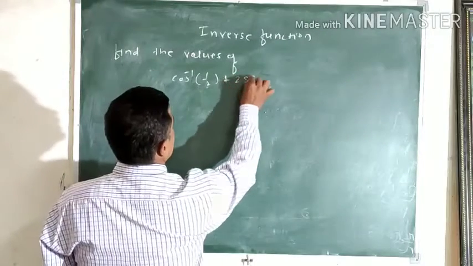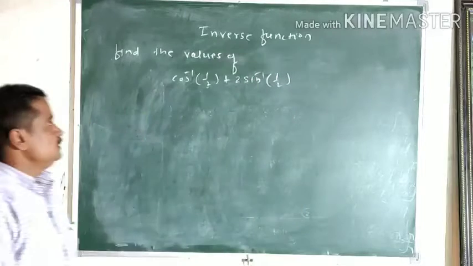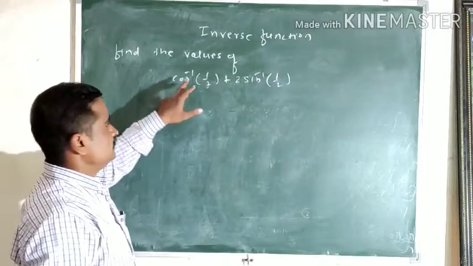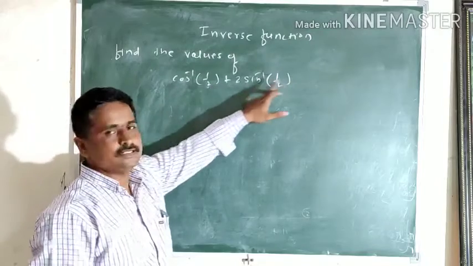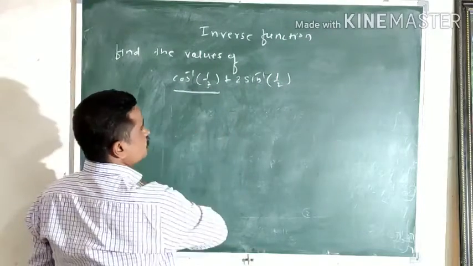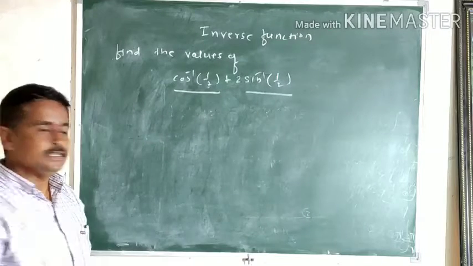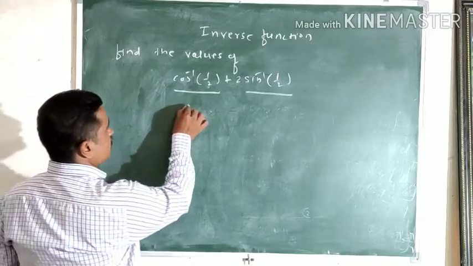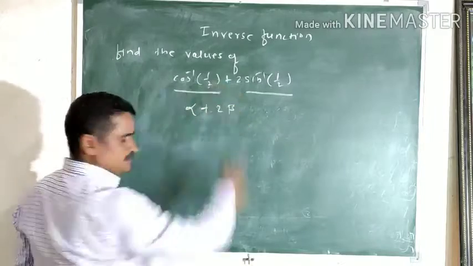We consider cos inverse of half equals alpha and sin inverse of half equals beta. That means we have to calculate alpha plus 2 into beta.